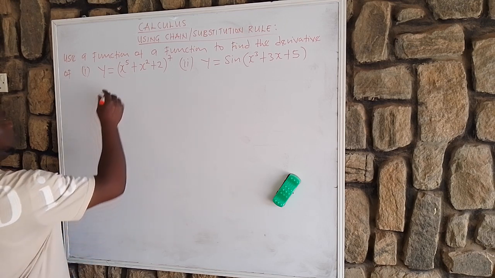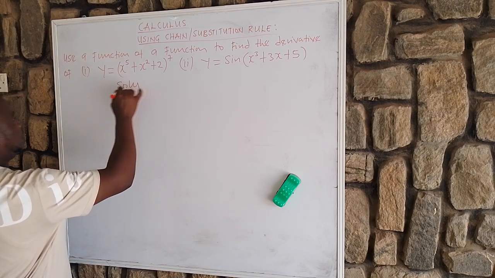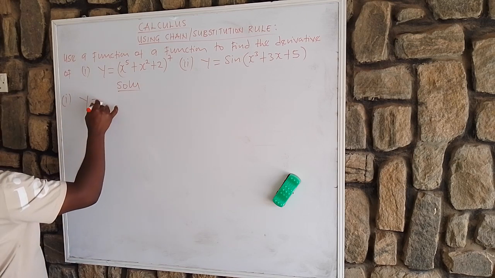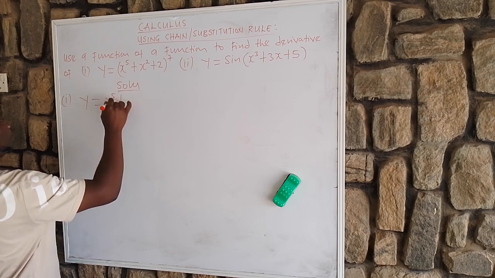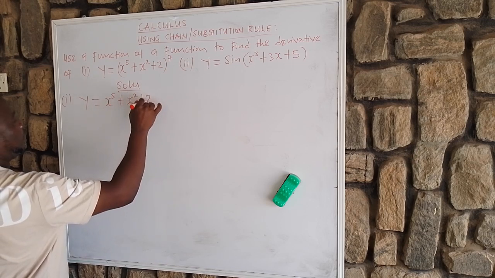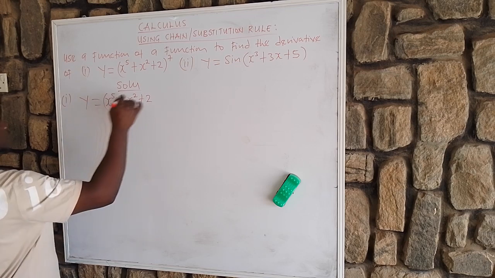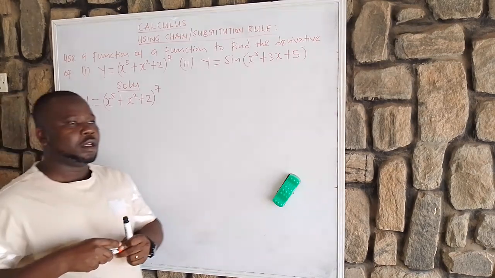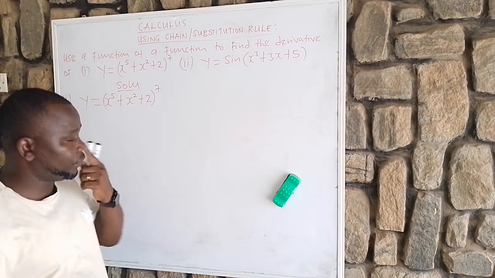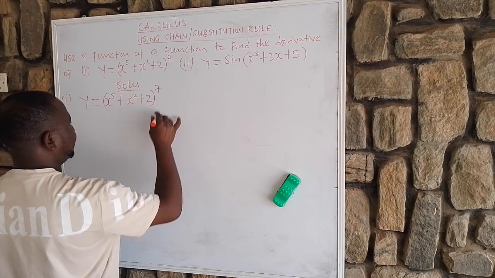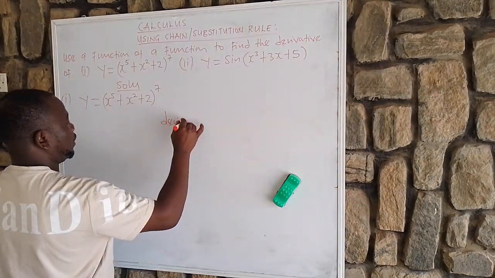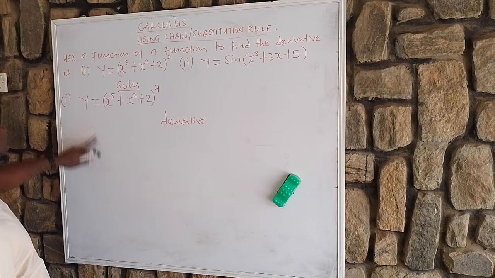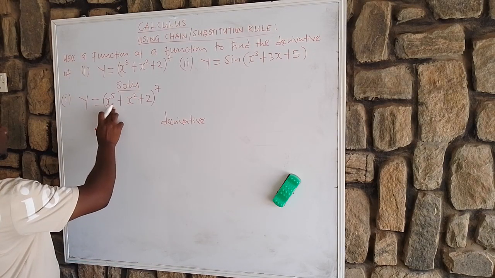Let us write the solution. Let's consider the first one, y is equals to... In calculus, when we say use function of a function to find the derivative, what do we mean by derivative? The derivative involves the dependent variable and the independent variable.